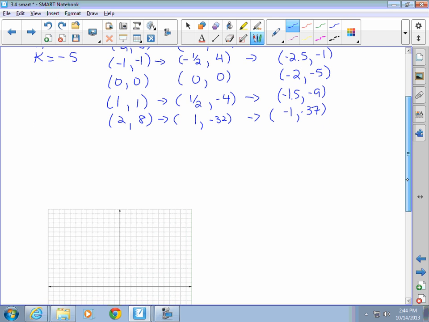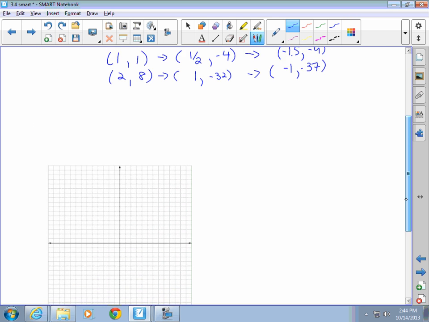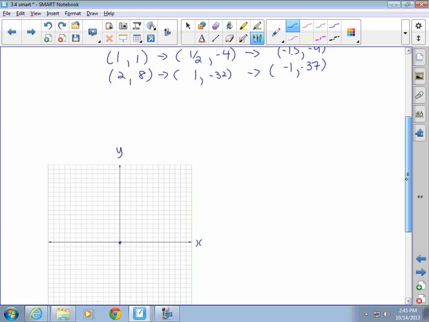So now I can do my transformations. So my original graph, y is equal to x cubed. I'll do that one in blue, so it was 0, 0. And I think I'm going to have to go by 2's going up the y. Yeah, every second one.